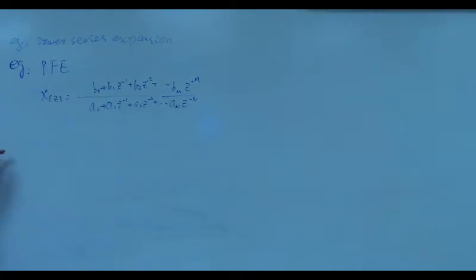What we do is, if we recall in the inverse Laplace transform, we first need to determine the degree on the top and the degree on the bottom. If necessary, we need to use long division to make sure this X(z) is rational.